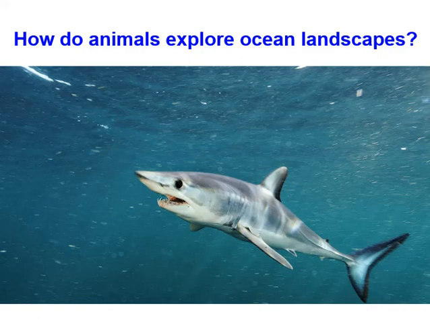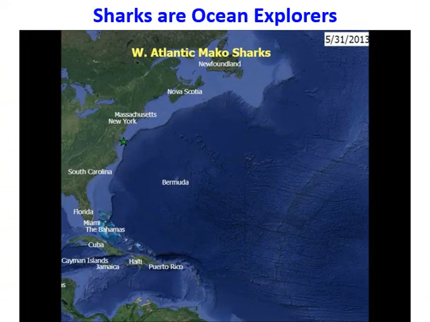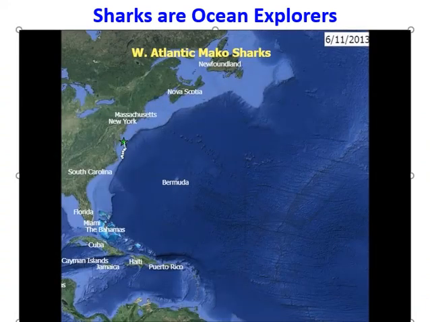And I want to use sharks to illustrate what kind of influence patchy environments have on the movement patterns of some highly mobile species. So I'm going to be talking about a number of different species of shark, just to give you an idea of this idea of searching an area, moving on to a new area, and then searching again.